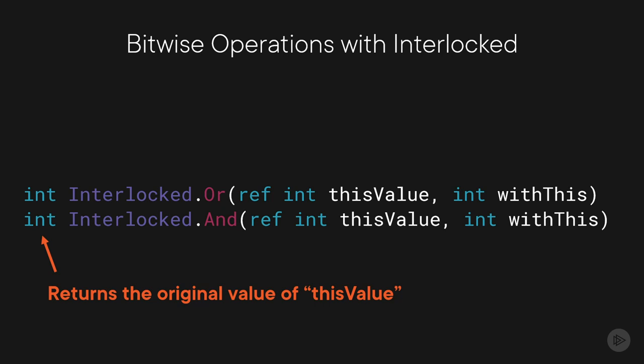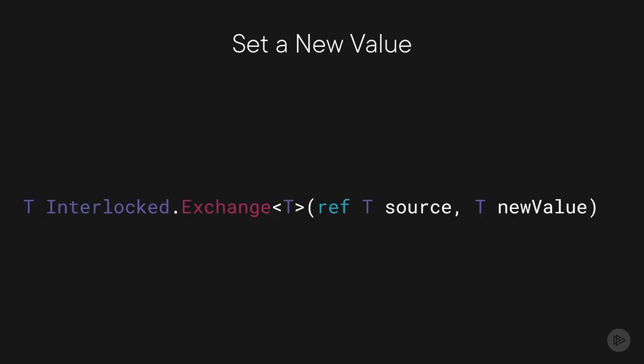There's an Interlocked.And as well as Interlocked.Or, which allows for you to do bitwise operations. You also have Interlocked.Exchange<T>, which is the only atomic operation that allows you to work with a reference type.